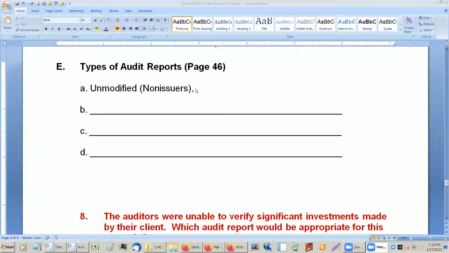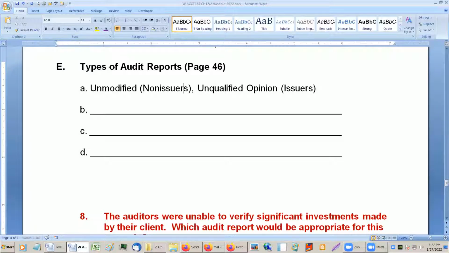So privately held companies are not required. Issuers are required. So it goes by the jurisdiction of the SEC. This is for issuers.